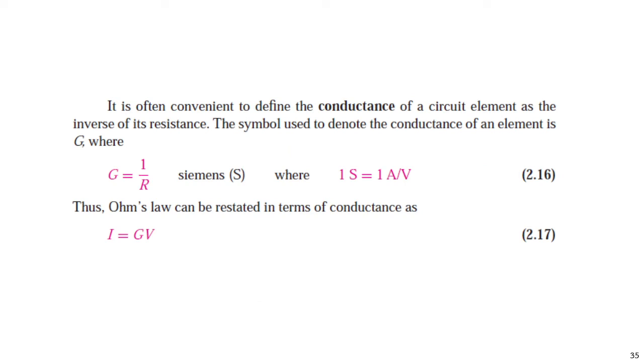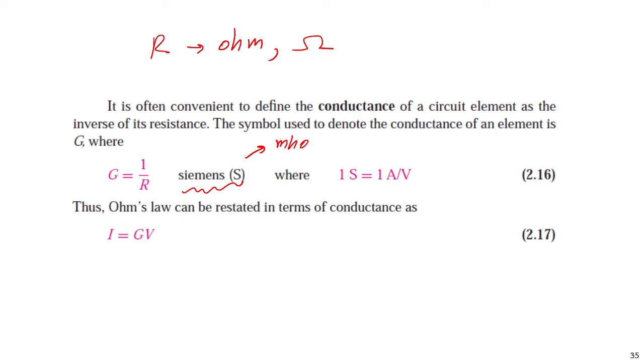It is often convenient to define the conductance. Conductance is the inverse of resistance. The unit of conductance is Siemens or mho. The unit of resistance is ohm, and we sometimes use the omega symbol.